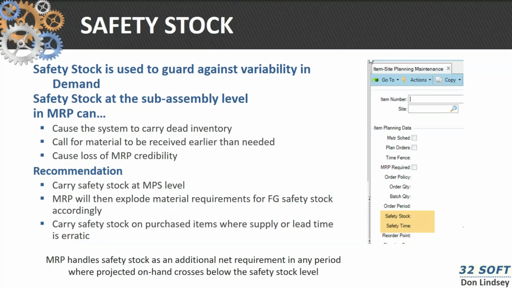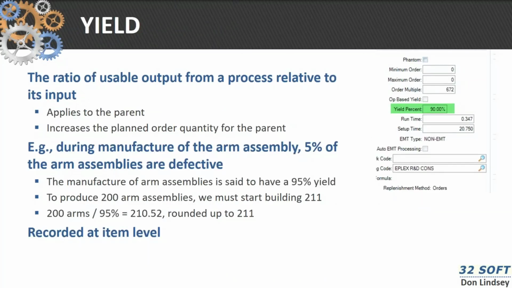If you use safety stock at the intermediate levels of bills of material, you can cause QAD to carry dead inventory and can have MRP expedite when it's not needed, de-expedite, and that tends to lose credibility in MRP. And then you fall back on spreadsheets, which is never a good idea.